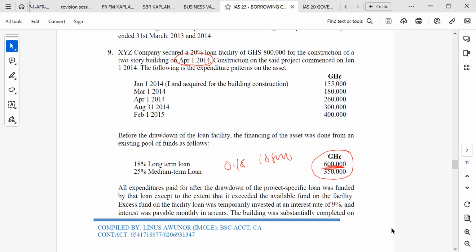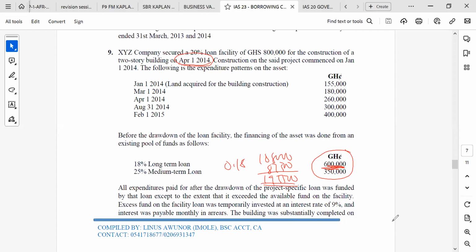Then the last one, 0.25 times 350,000. You're supposed to pay 87,500. If you add it to 108,000, you're supposed to pay interest of 195,500, isn't it? Okay. So the question now is, how much of that are we charging as borrowing cost?